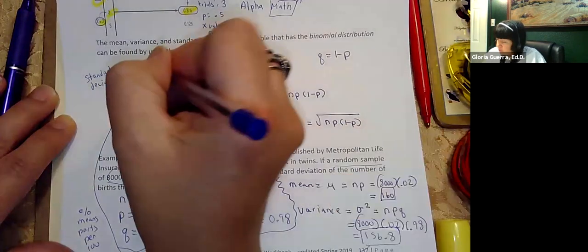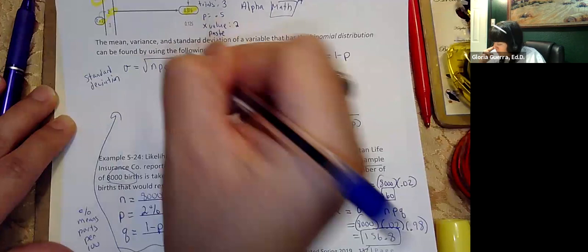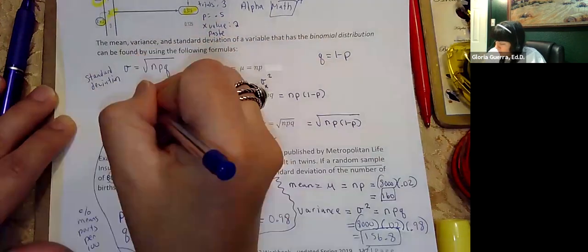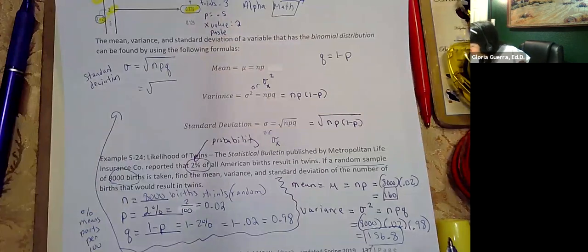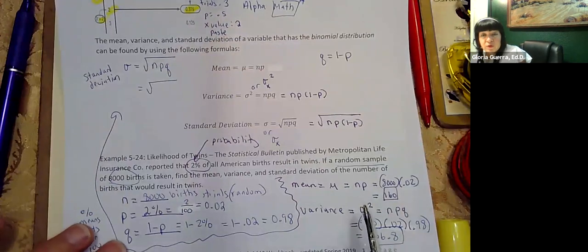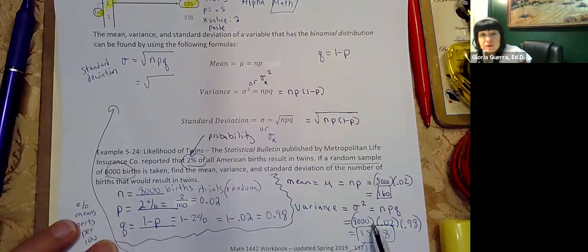And they say that's the square root of NPQ. So you can do this. We already know from over here, you already know NPQ. NPQ was 8,000 times 0.02 times 0.98, which is 156.8.